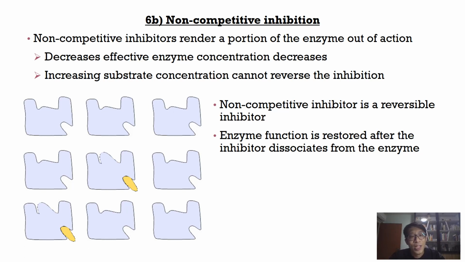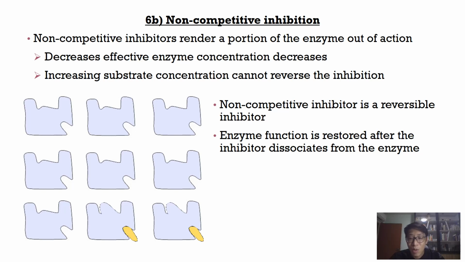But after dissociation, the non-competitive inhibitor can go on to bind to other enzyme molecules, which means at any one time, as you can see here, there would be 2 enzyme molecules bound by the non-competitive inhibitor. One more here.